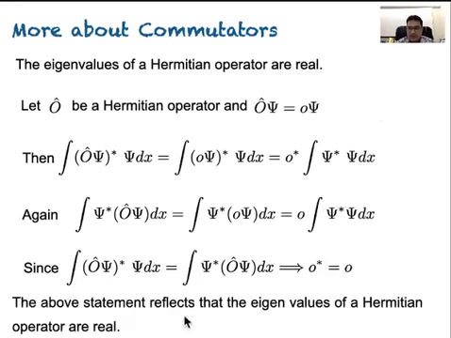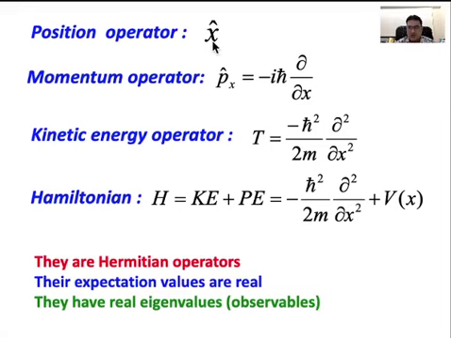Okay, so we have shown that eigenvalues of a Hermitian operator, where the Hermitian operator in this case is O, are real. So these are the position operator, momentum operator, the kinetic energy operator, and the Hamiltonian, and all are Hermitian operators. Their expectation values are real, so they have real eigenvalues or real observables.